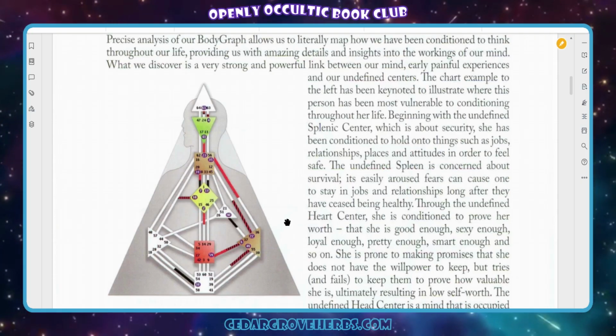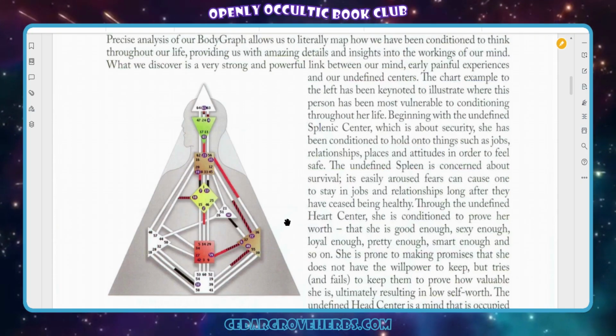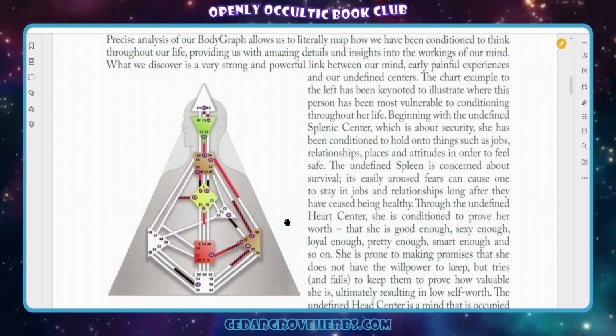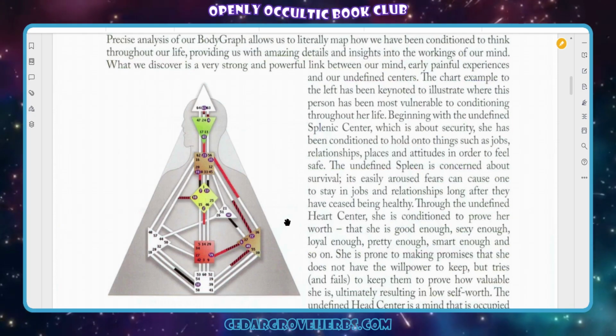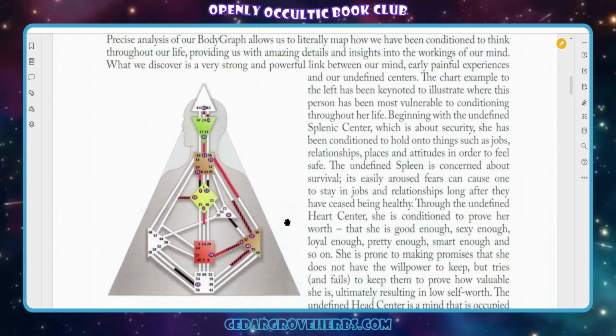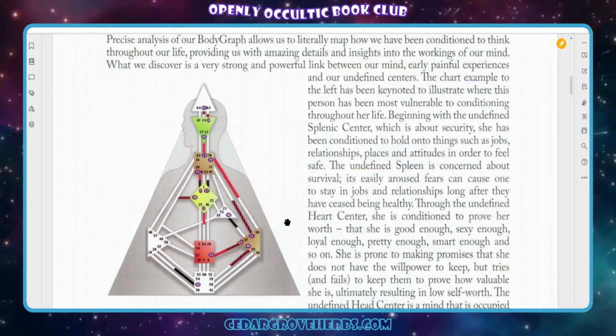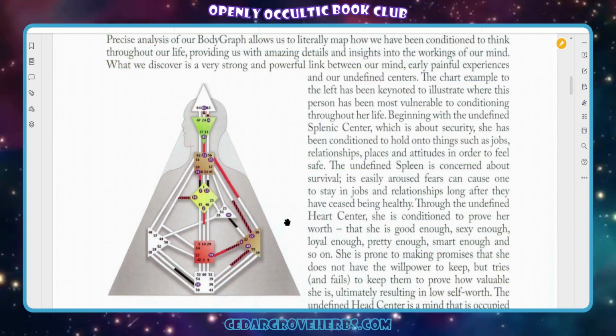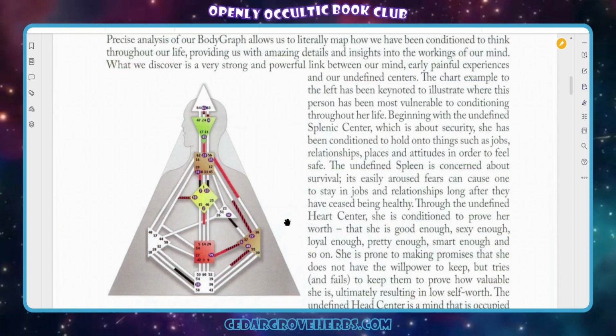She has been conditioned to hold on to things such as jobs, relationships, places, and attitudes in order to feel safe. The undefined spleen is concerned about survival. Its easily aroused fears can cause one to stay in jobs and relationships long after they have ceased being healthy.